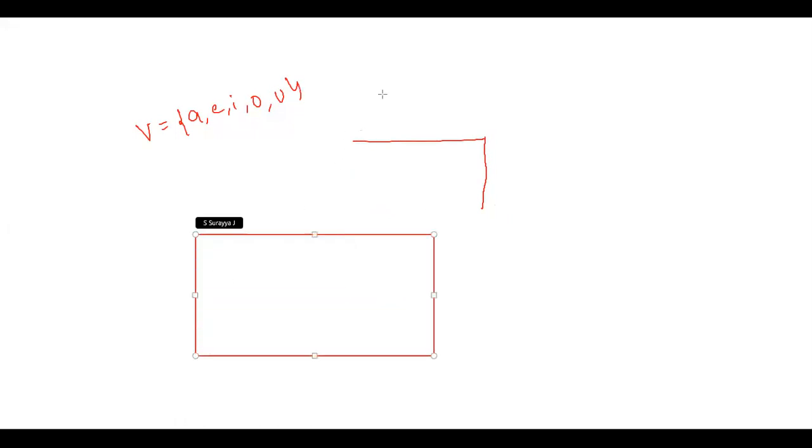Let's see that. To describe the set of all vowels, first we have to draw a rectangle. Now this rectangle is our universal set U. Inside this rectangle, we have to draw a circle to represent our vowel set.